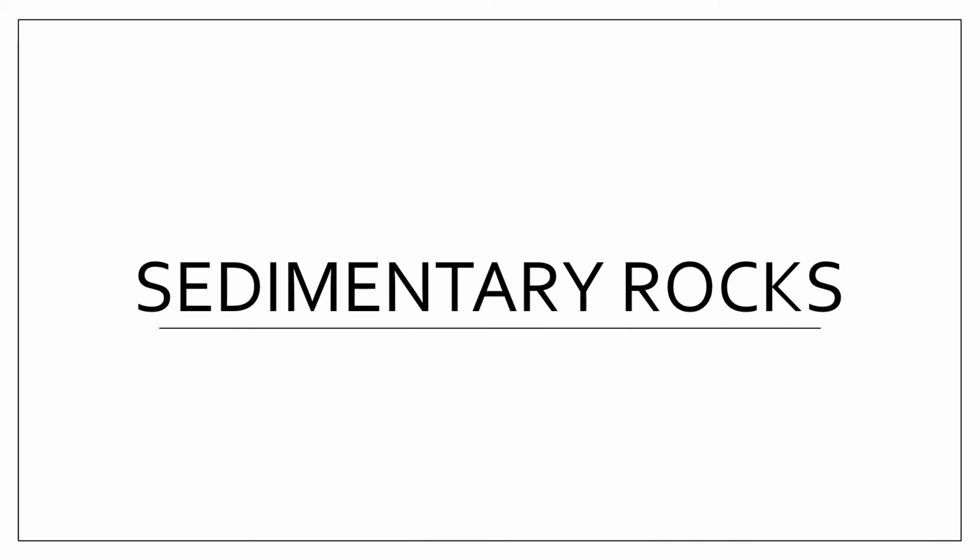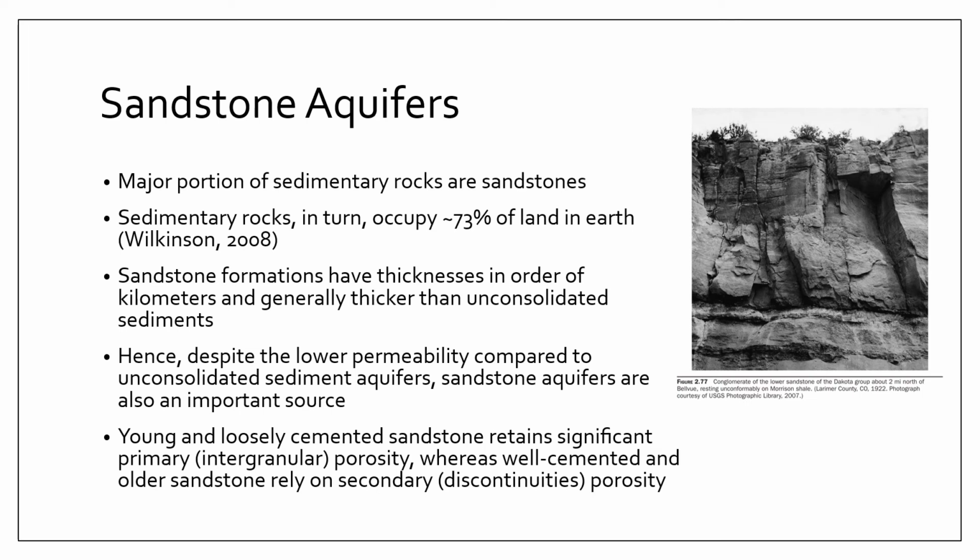Now let's talk about sedimentary rocks. Your first type is your sandstone aquifers, and note that a huge portion of the surface of the earth is covered by sedimentary rocks, and the estimate is around 73%.